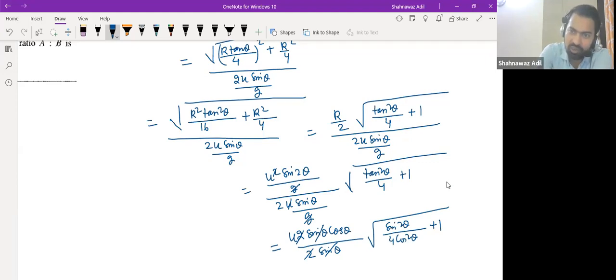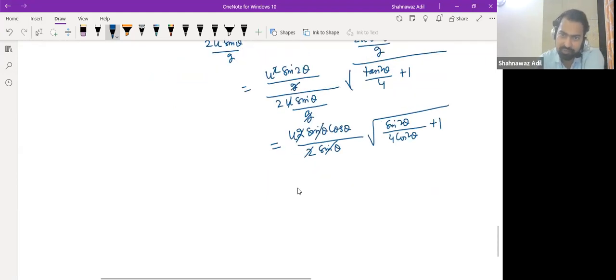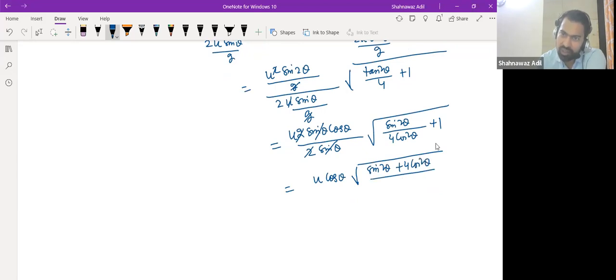So this is u cos theta, and then root of sine square theta plus 4 cos square theta, divided by 4 cos square theta.